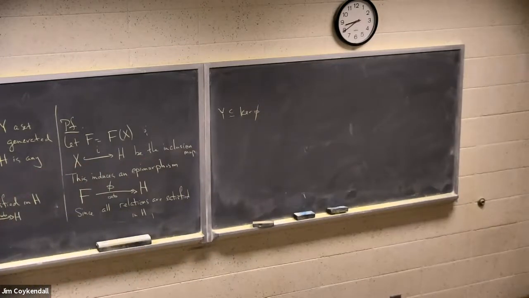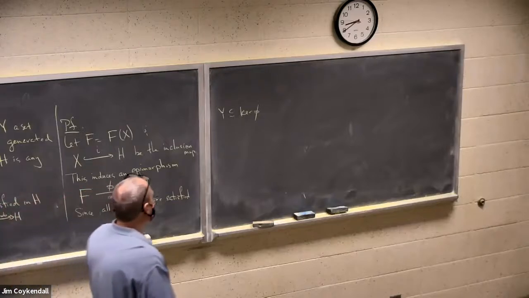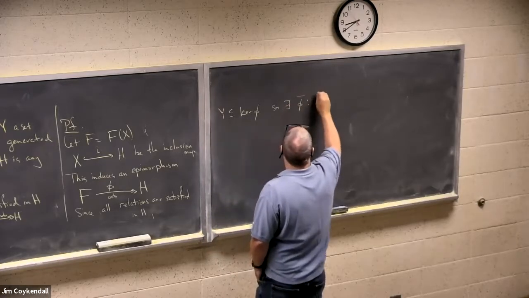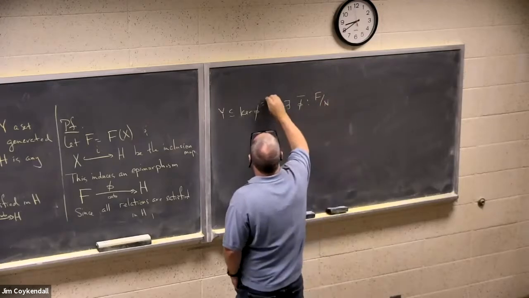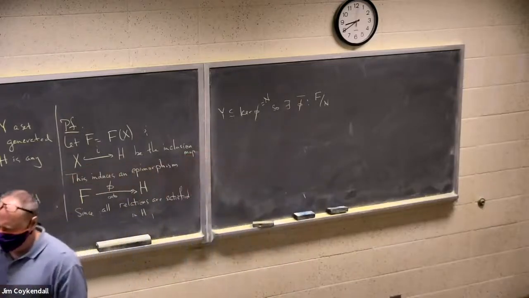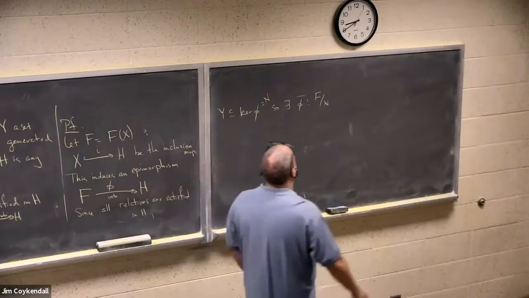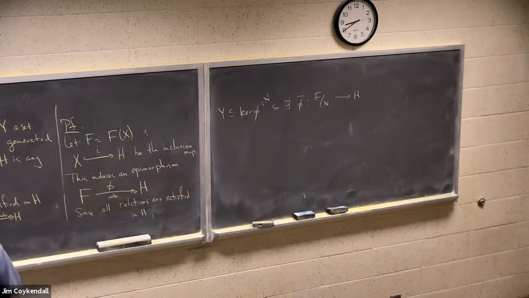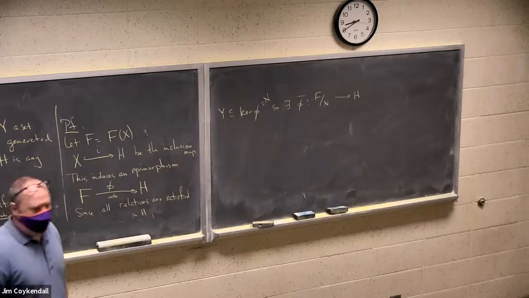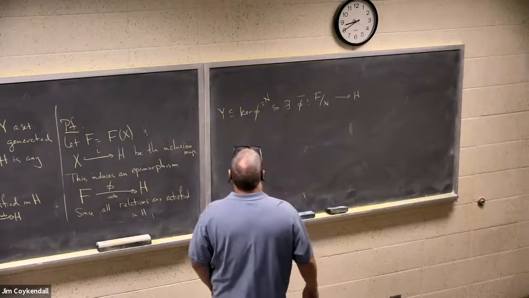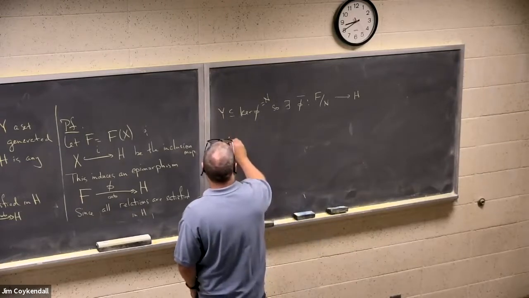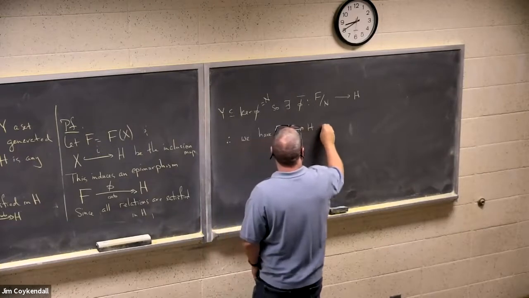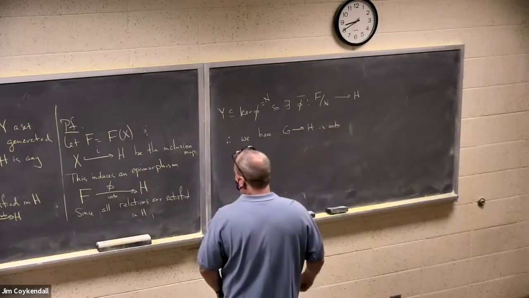And so there exists an induced homomorphism from G into H. And therefore, this is onto.